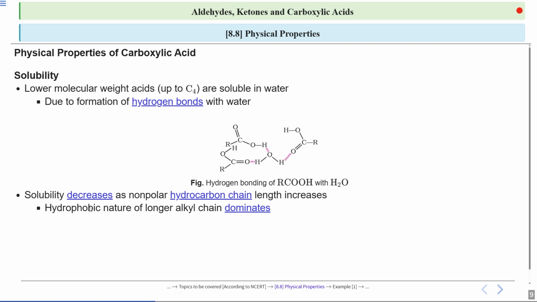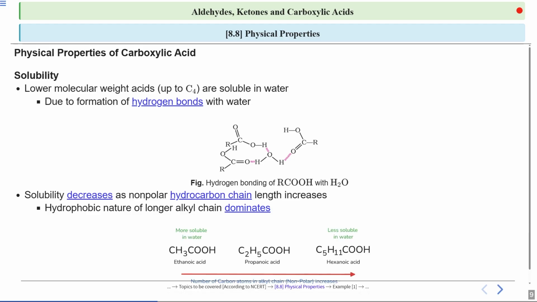So the longer chains are hydrophobic in nature. Hydrophobic means they repel water. They don't love water. So this hydrophobic nature starts to dominate as the chain length increases, and this reduces the overall solubility of carboxylic acid in water.